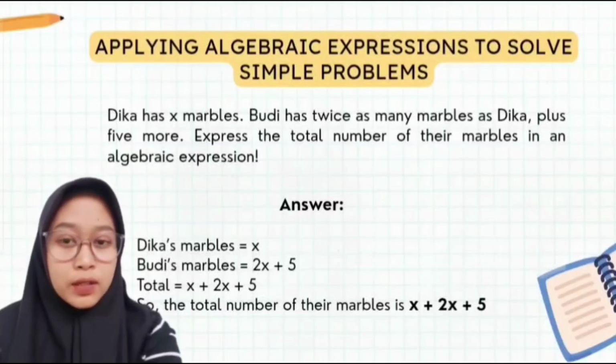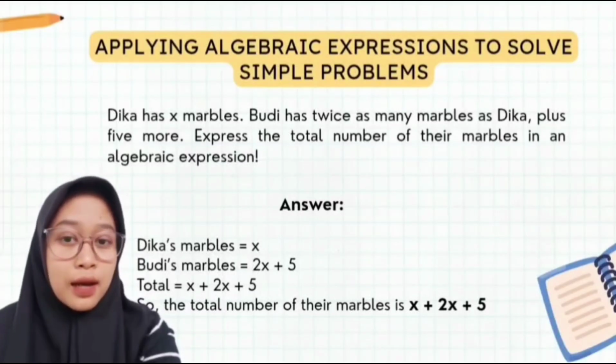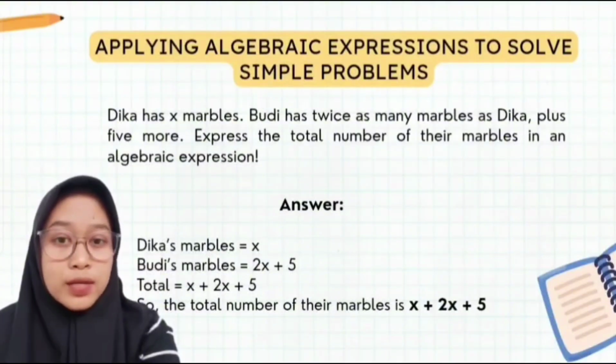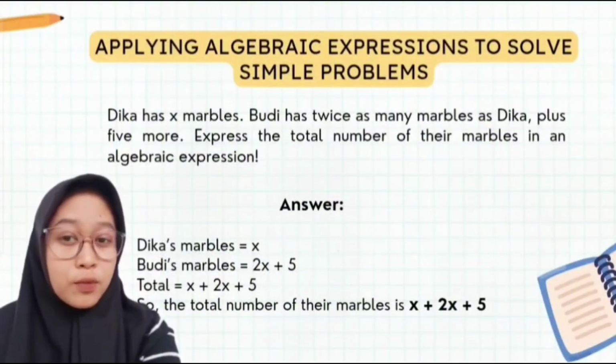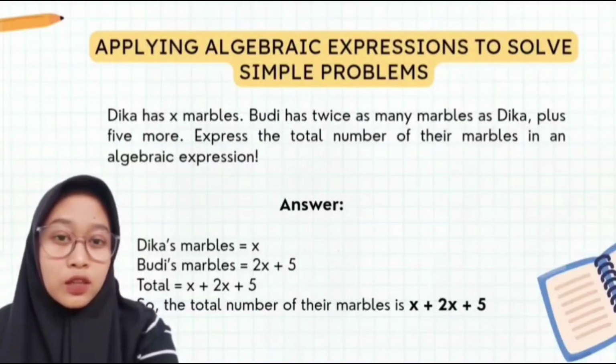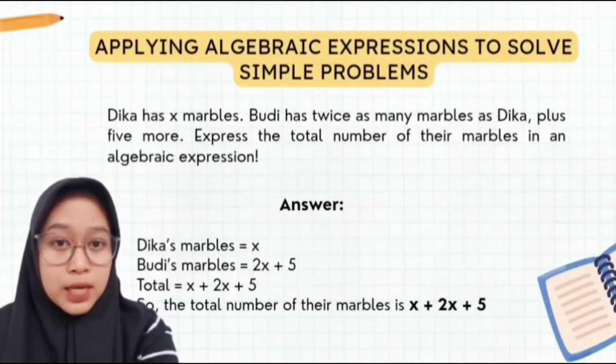Next is example number 2. Dika has x marbles. Budi has twice as many marbles as Dika, plus 5 more. Express the total number of their marbles in an algebra expression.